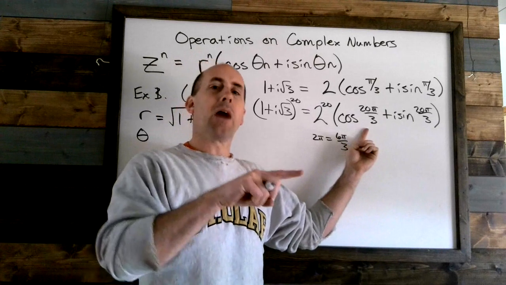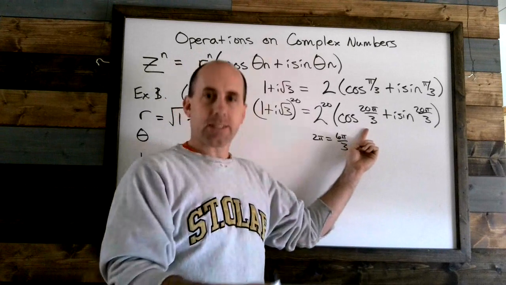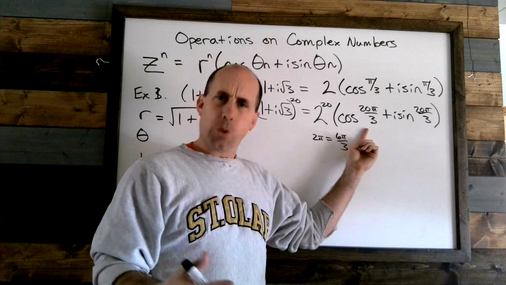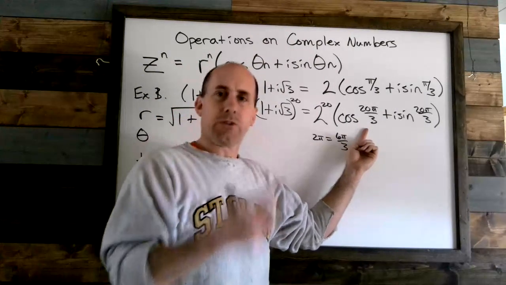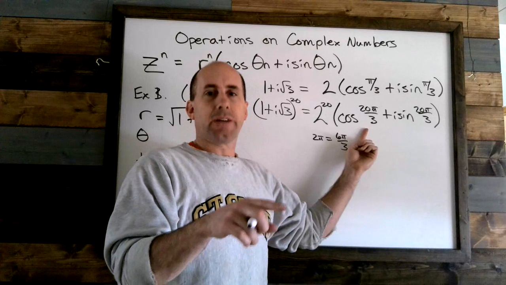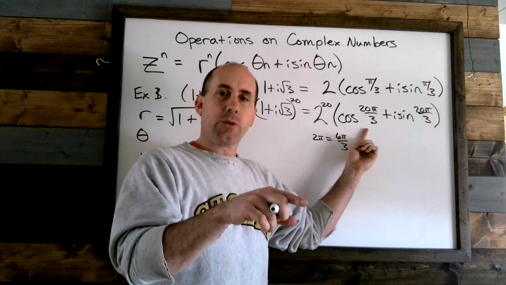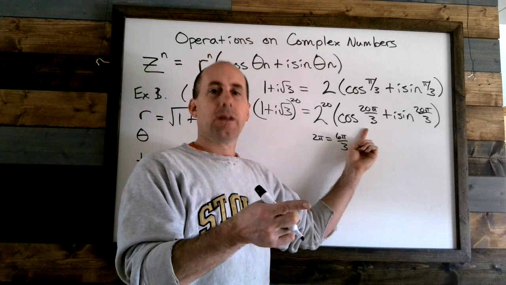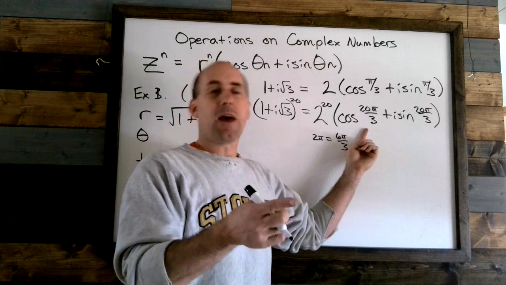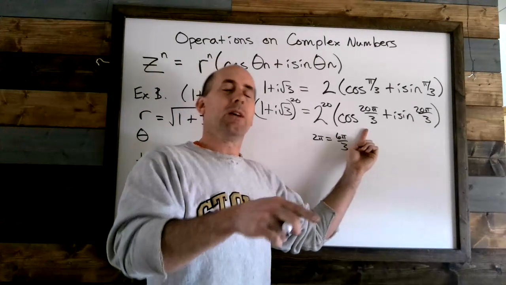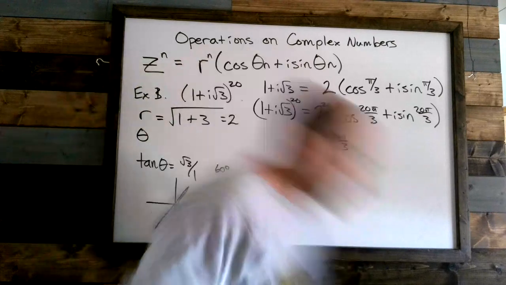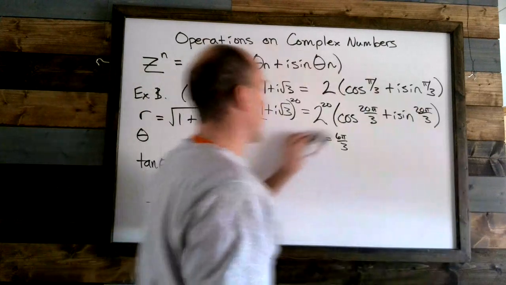If you take 20 pi over 3 and subtract 6 pi over 3, you get 14 pi over 3. Is 14 pi over 3 more than once around the circle? Yeah, subtract it off again. 14 pi over 3 minus 6 pi over 3 gives me 8 pi over 3. Subtract that again. 8 pi over 3 minus 6 pi over 3, and I get 2 pi over 3. So it turns out it's the same as 2 pi over 3.